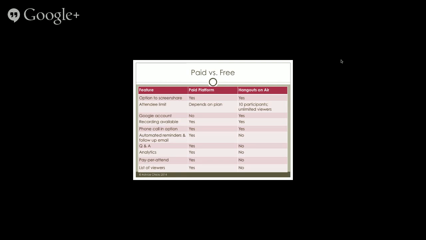One of the downfalls of a Hangout on Air versus most paid platforms is that people need to have a Google account in order to attend the Hangout on Air. If you're streaming it directly from your YouTube channel, as I am doing, that is not the case, so there is a way to work around that. But if you want people to participate, they will need to have a Google account.